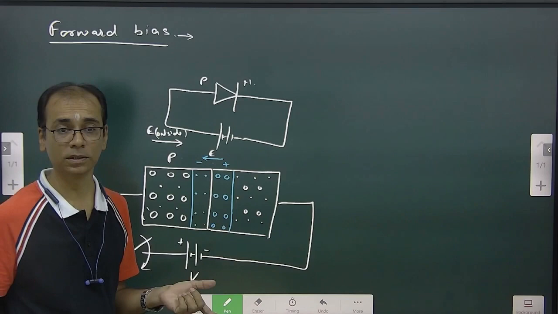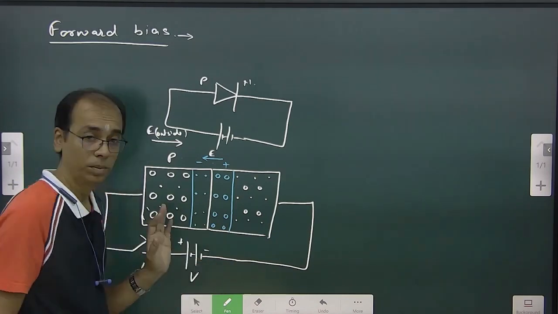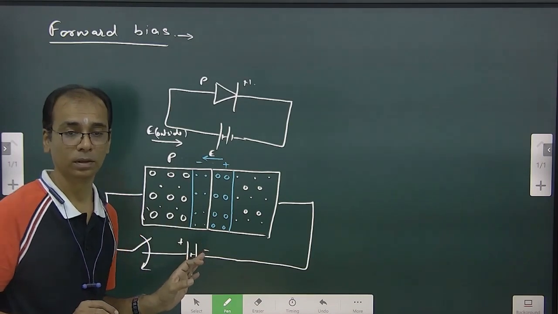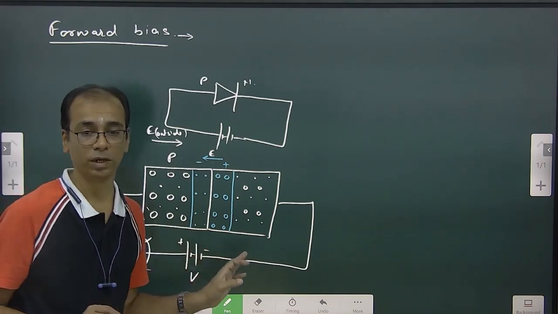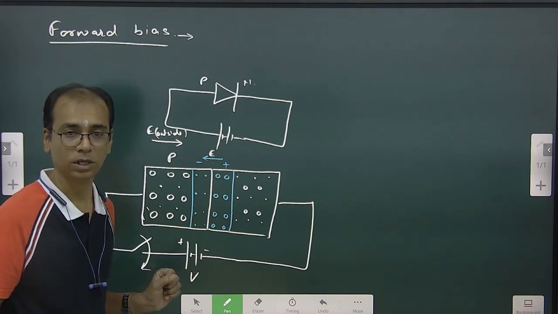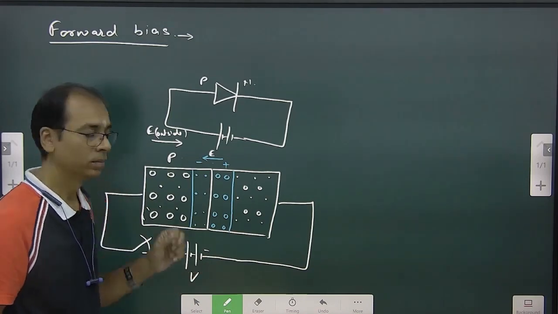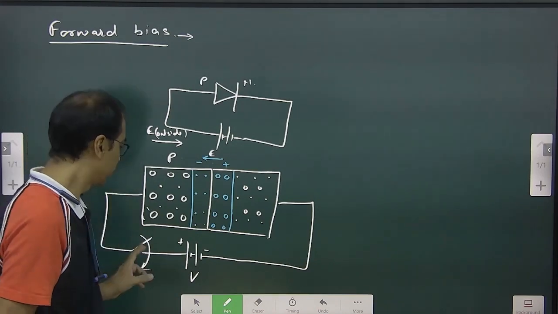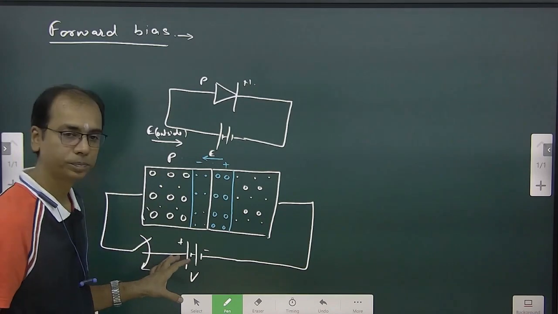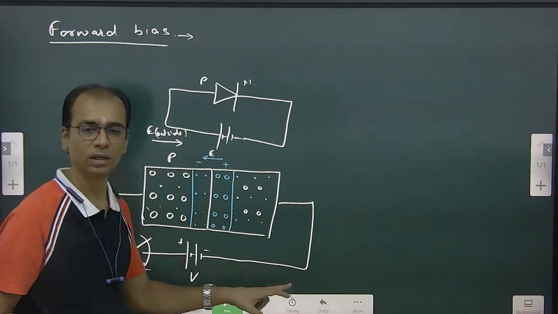Because current means, what do we say? Normally in a conductor, whenever you connect a conductor with the battery, the charge which is flowing out of this one, the same charge has to come this side. The same electrons will go this side.